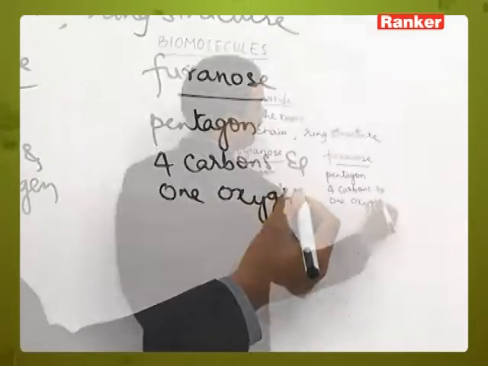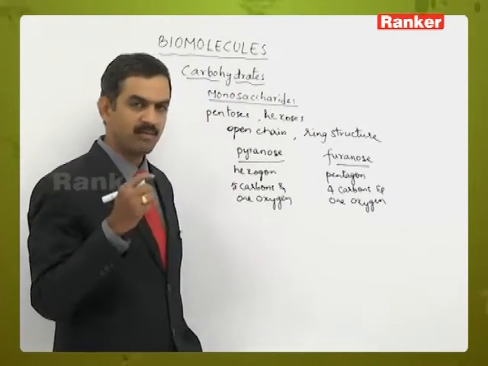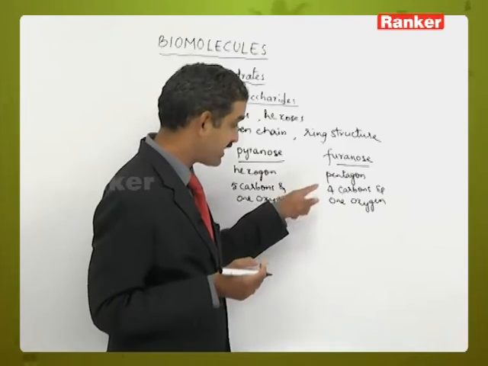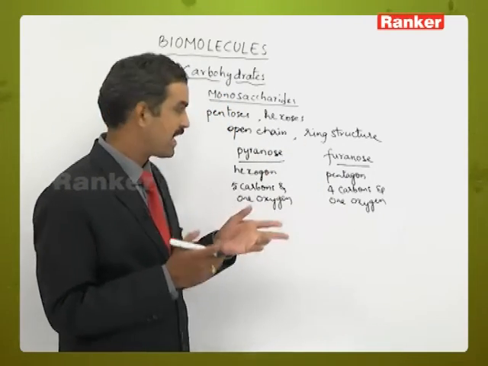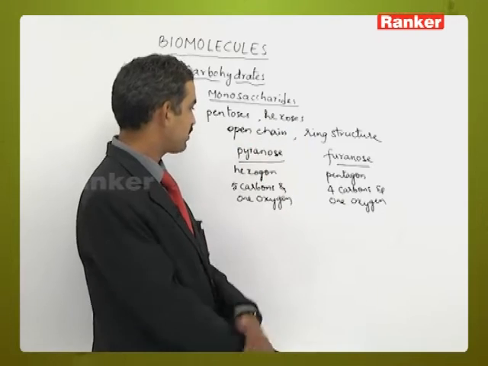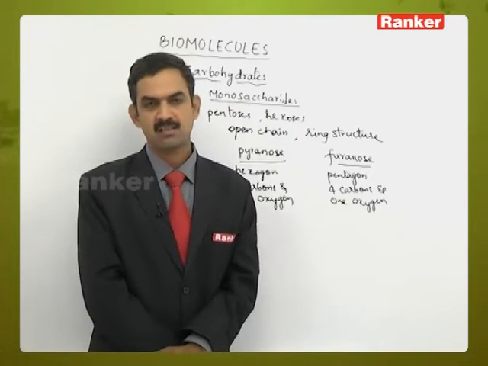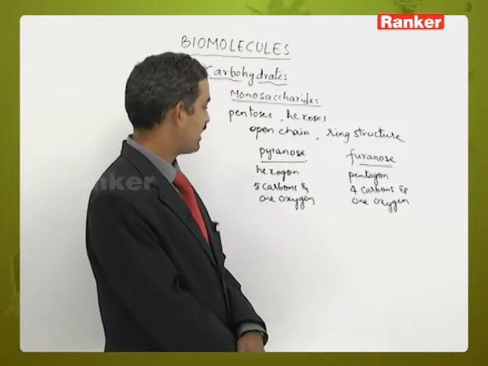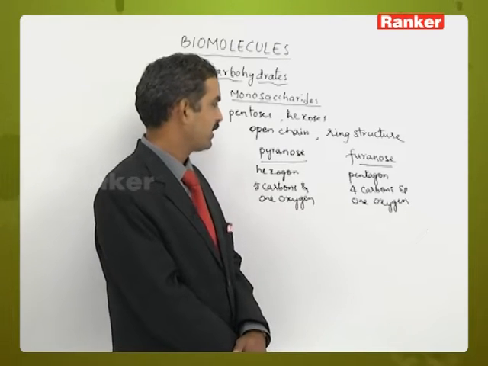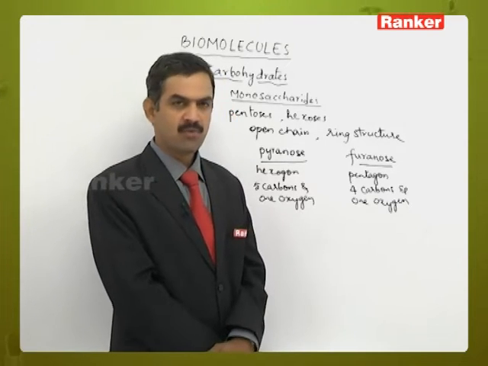In the pentagon 5 should be there, but only 4 carbons are present in the ring, and the fifth one is present outside the ring structure. So when they exist in the ring structure, they exist either in the pyranose form or in the furanose form. Glucose will exist in the pyranose form, and fructose will exist in the furanose form.